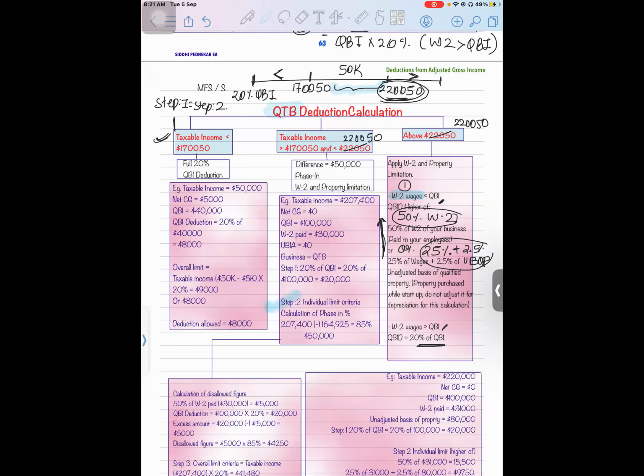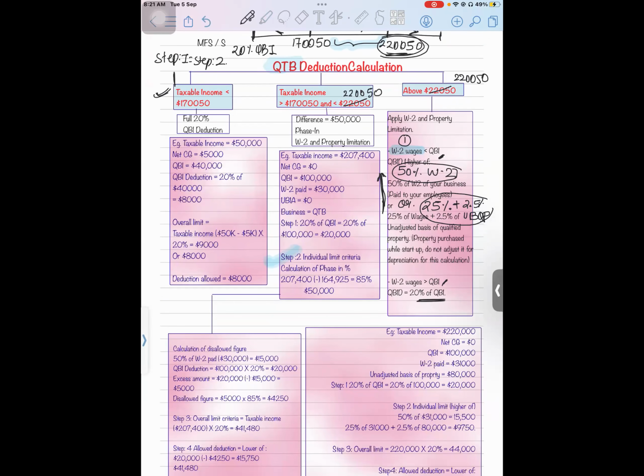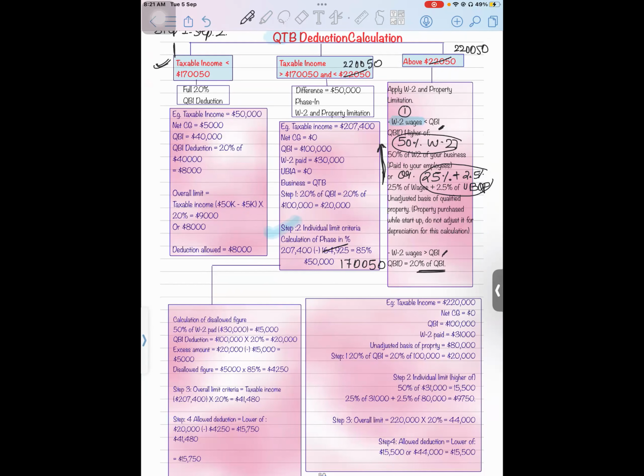Taxable income you are going to reduce by the lower limit, 170,050. So taxable income minus lower limit, divided by the difference of 50,000. Let's say it is 85%.